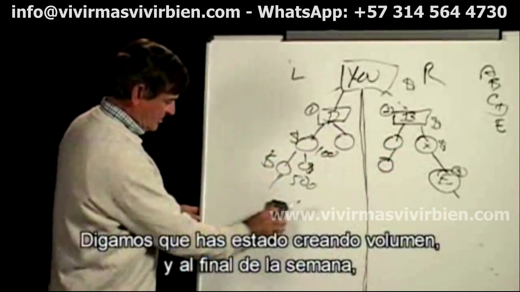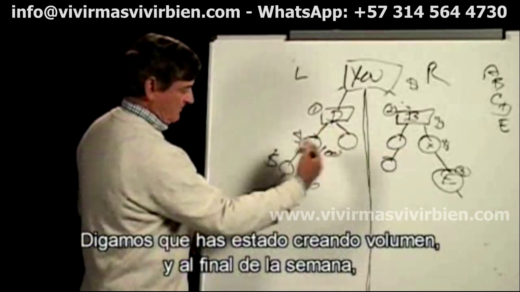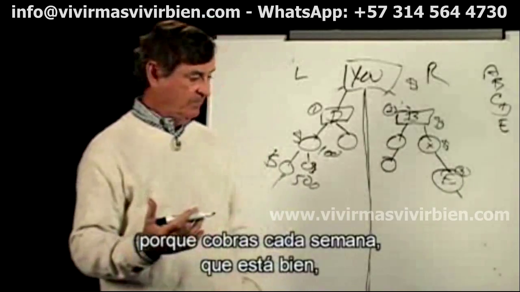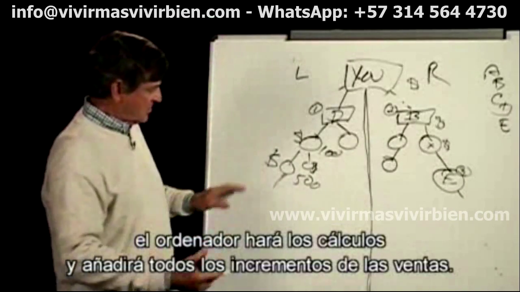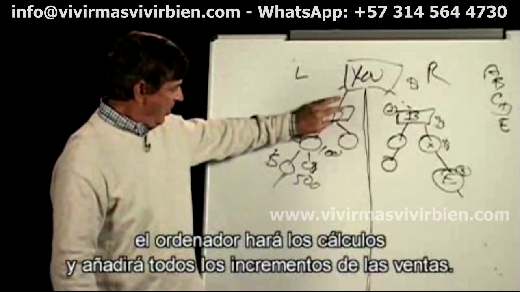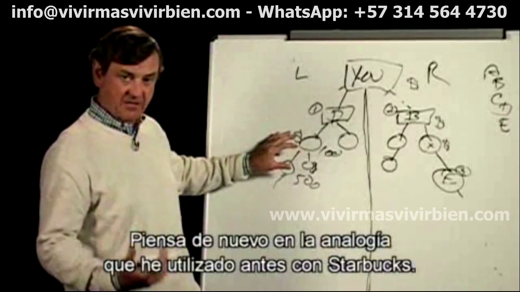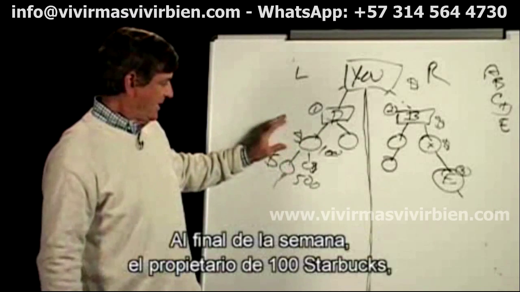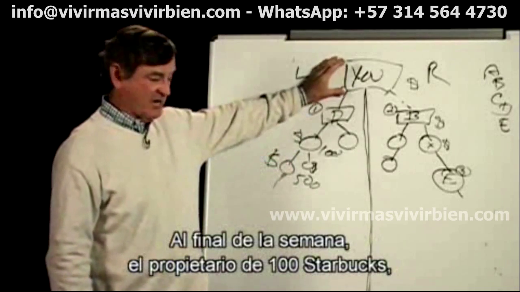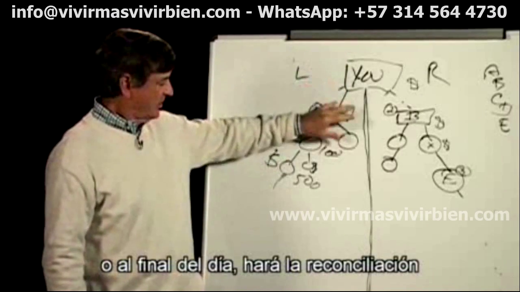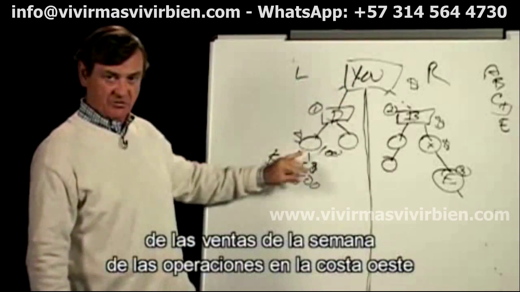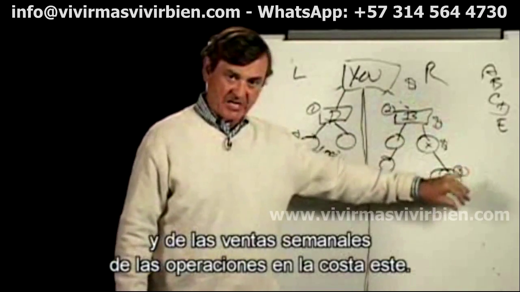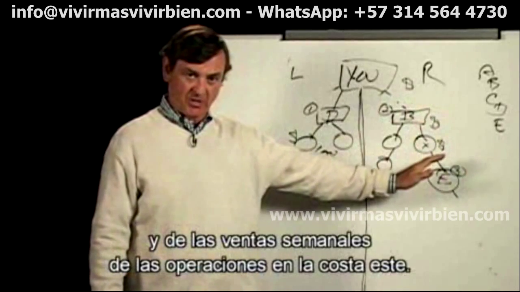Well, let's just in this example say that you've been building volume, and at the end of the week, because you get paid every week, it's kind of cool, the computer is going to go through here and add up all of the little increments of sale. Think again of the analogy I used before about Starbucks. At the end of the week, whoever owns 100 Starbucks, or maybe it's daily, they're going to reconcile what were my sales for the week of my West Coast operation and what were all the sales for the week of my East Coast operation.